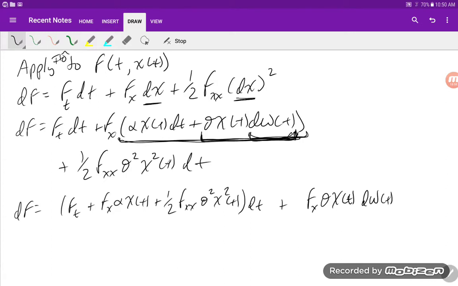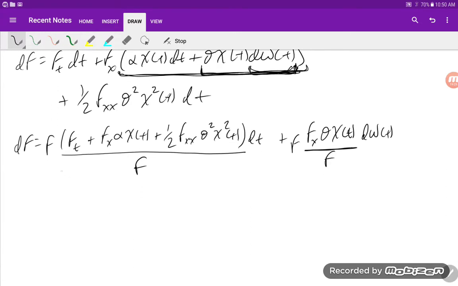Now here we're going to do a little trick. We're going to multiply and divide everything by f. So we're going to have f times this term over f, and then f. I say everything, but you know, cut off the division here. That is, don't divide the dt and the dWt by f.